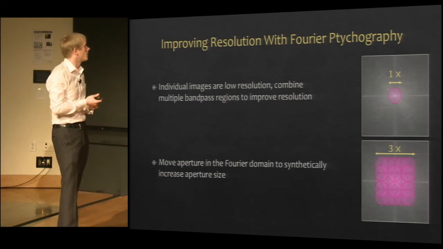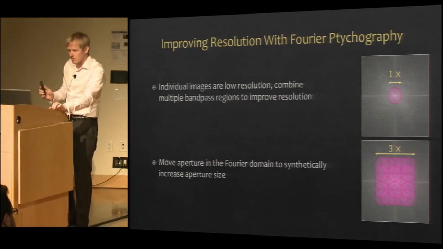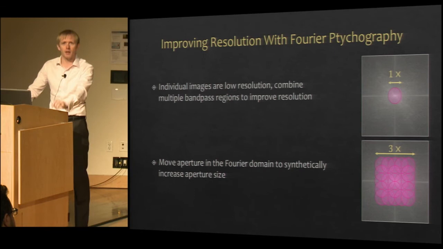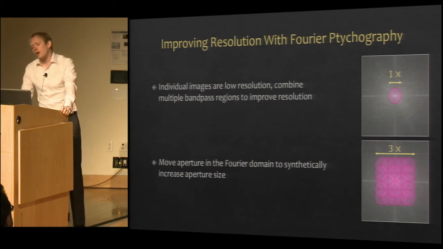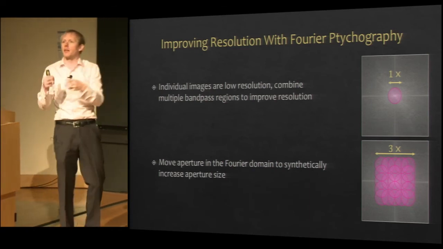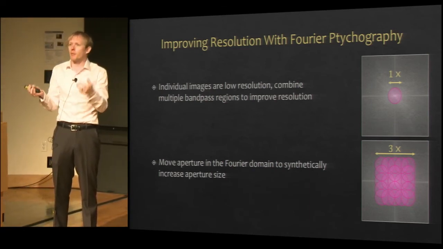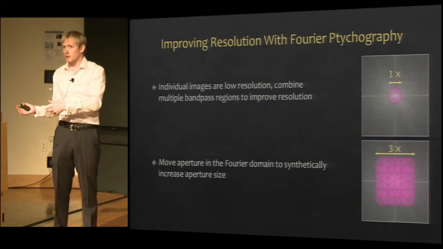Now, there's a small hiccup here, and that is you can't simply stitch things together in frequency space, in the Fourier domain, if you do not have both the magnitude and the phase information.